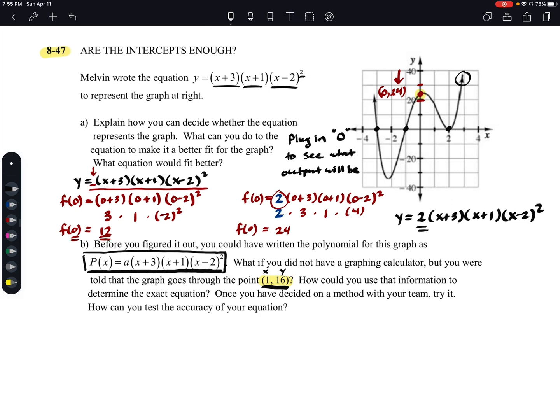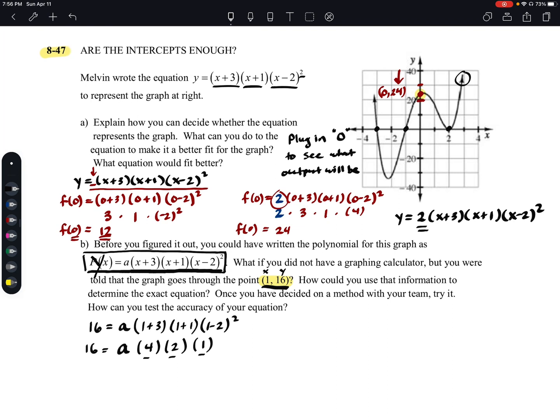So if we think about the output like it's y, I put my 16 in, I don't know what a is at this point, so I'd leave it like that. And then I would plug in my 1 for my x's. So 1 plus 3 times 1 plus 1 times 1 minus 2 squared. Now we'll look to simplify the right side. I'm going to have a times 4 times 2, and then 1 minus 2 is negative 1, and negative 1 squared is 1.